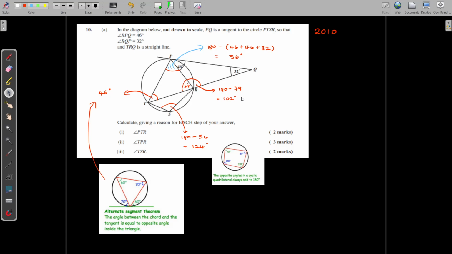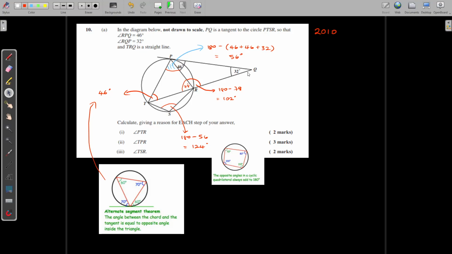So if we subtract that from that, we'd have to tell them that the angles in a triangle add up to 180. So that's why we subtracted this to find this angle. Angles in a straight line add up to 180. So that is why we subtracted that from that, and so on. So each step that you take, you'd have to give them the reason for it.